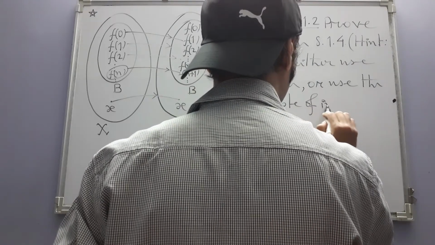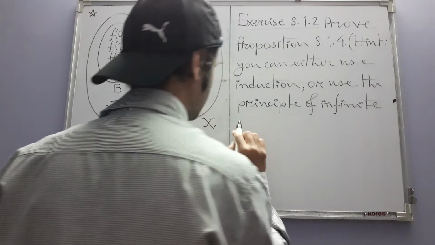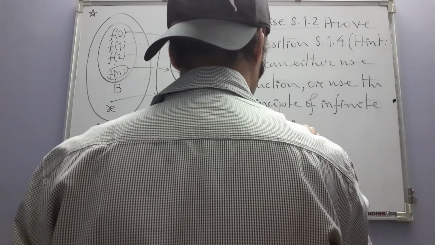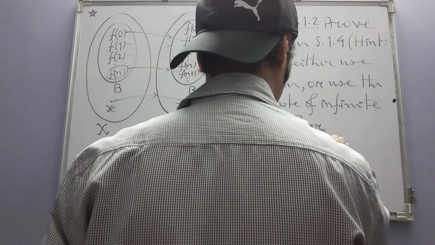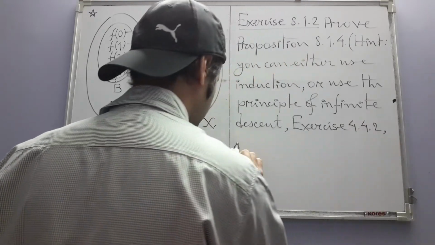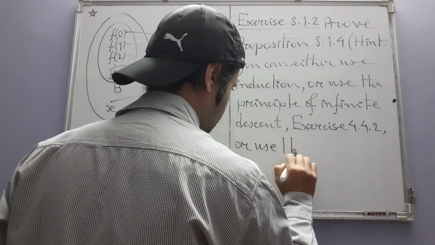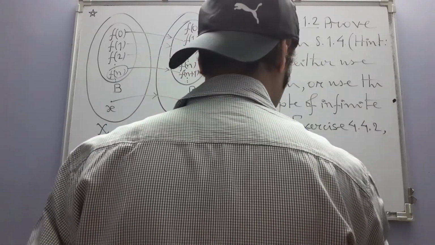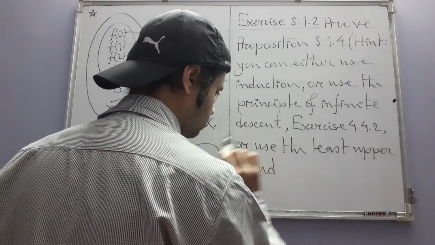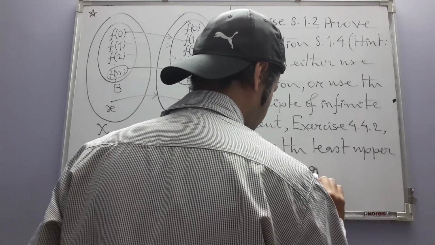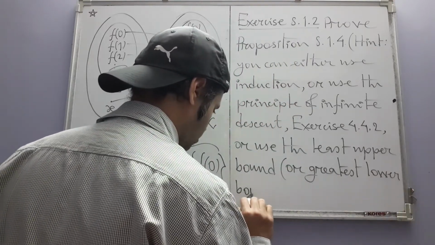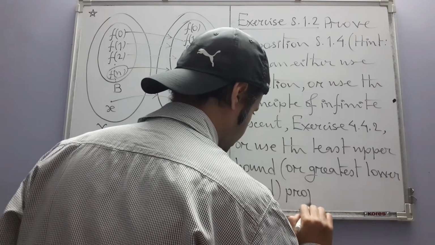Principle of infinite descent, which is exercise 4.4.2, or use the least upper bound property, least upper bound or greatest lower bound properties.